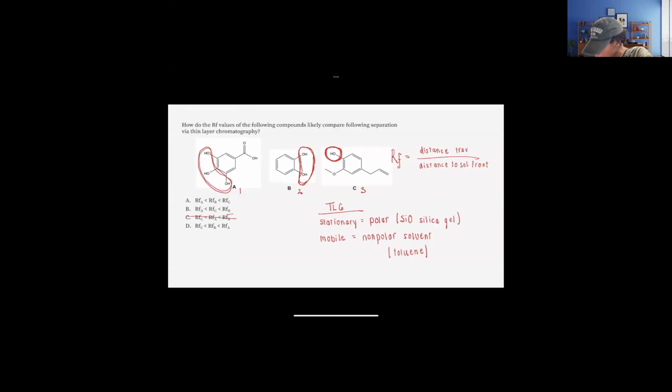So really we can automatically rule out anything that doesn't start off with an RF of A. Then we just have to determine between B and C next, or A and B next. And we know that B is going to be our next most polar molecule. So A is correct. Does that make sense? Are you ready to move on to the next question?